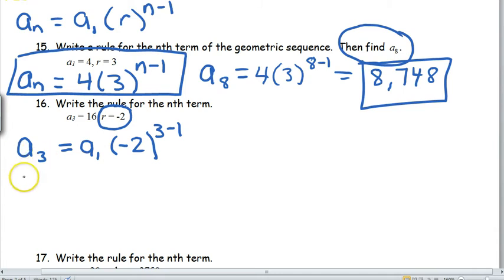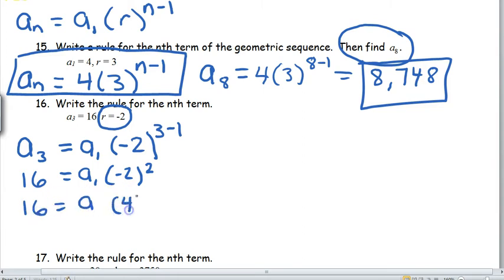But I know what A3 is, so I put 16 equals A1 times negative 2 squared, because of 3 minus 1. That means 16 equals A1 times 4. Dividing both sides by 4, that means A1 is 4.